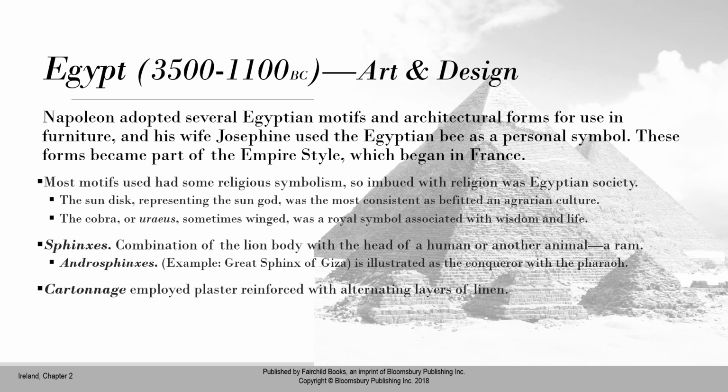He had a more archaeologically accurate approach to ornament than Sheraton, because he actually went and studied in Egypt, as well as Turkey, Syria, and Greece, and he designed rooms in his home that were based on specifics from these ancient cultures.